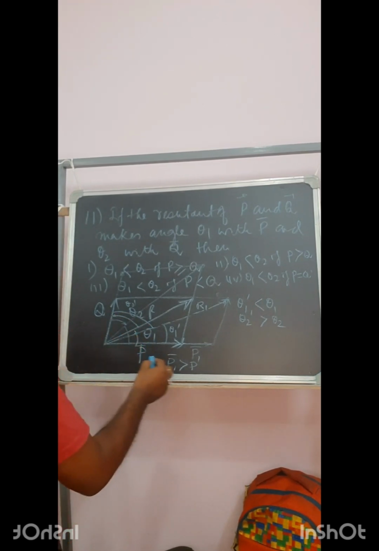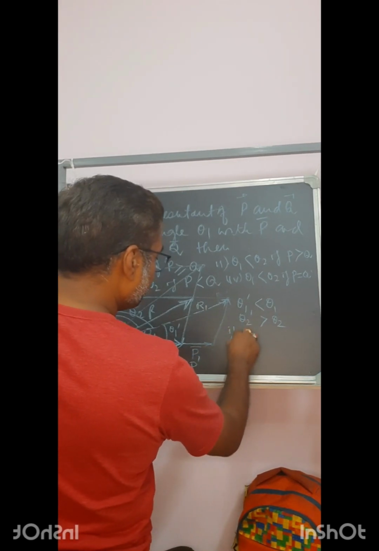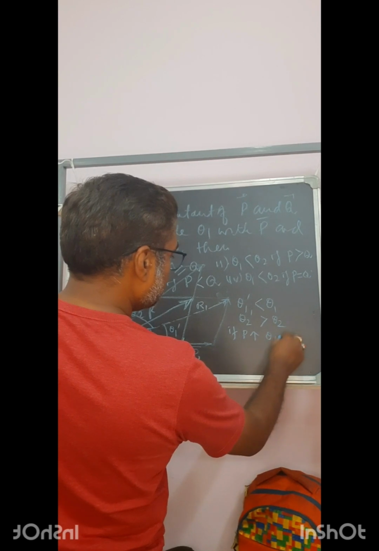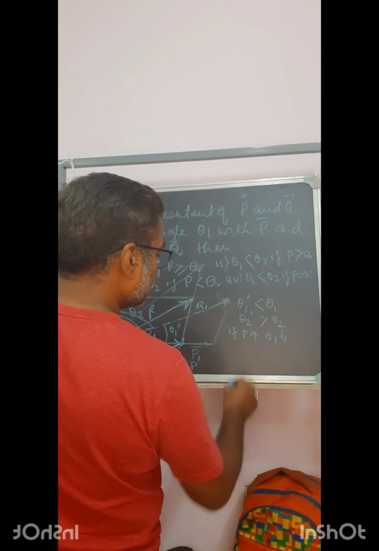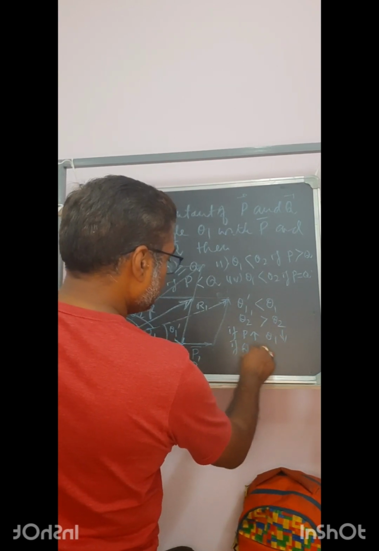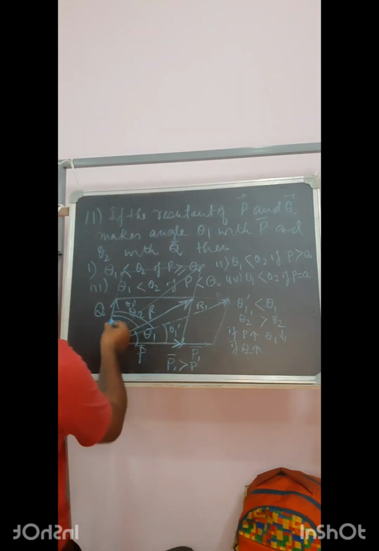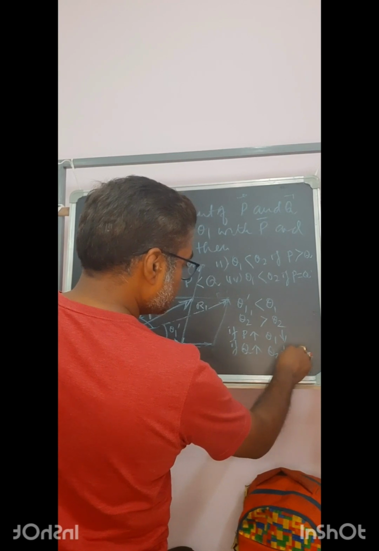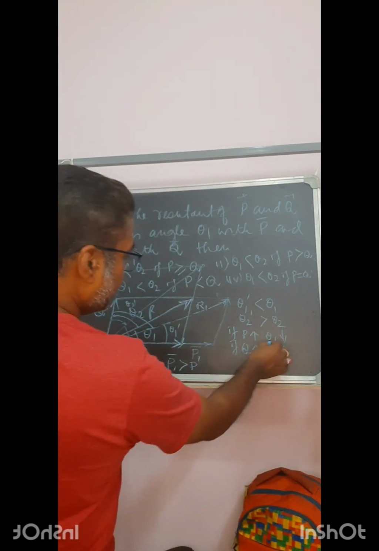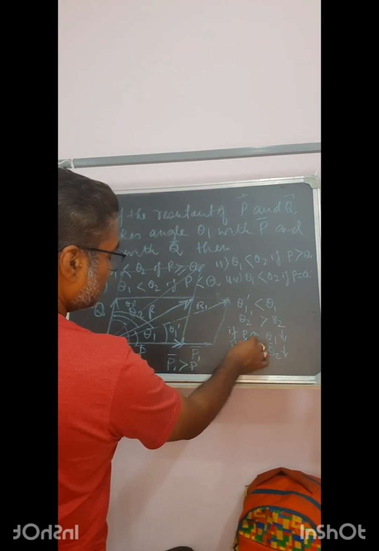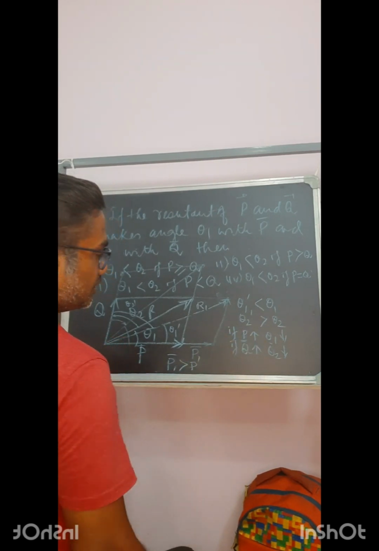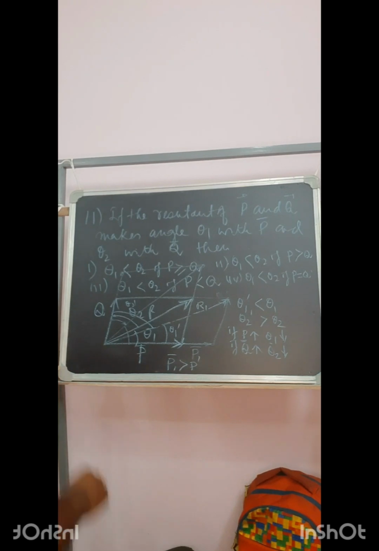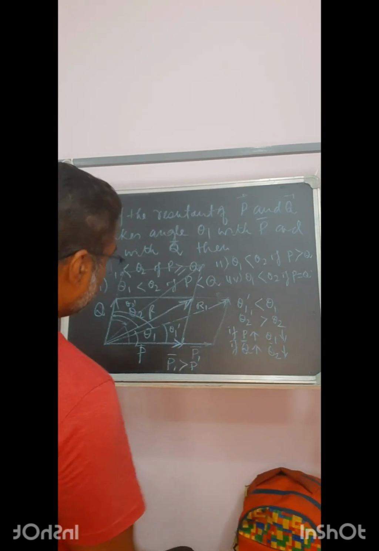So you can say if P increases, theta 1 decreases. If Q increases, then theta 2 decreases. So the angle which the resultant is forming with a vector, if this vector itself is increasing, the angle reduces.